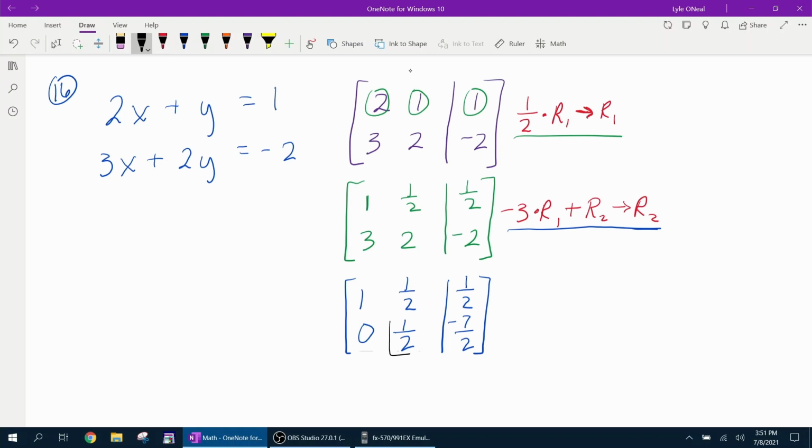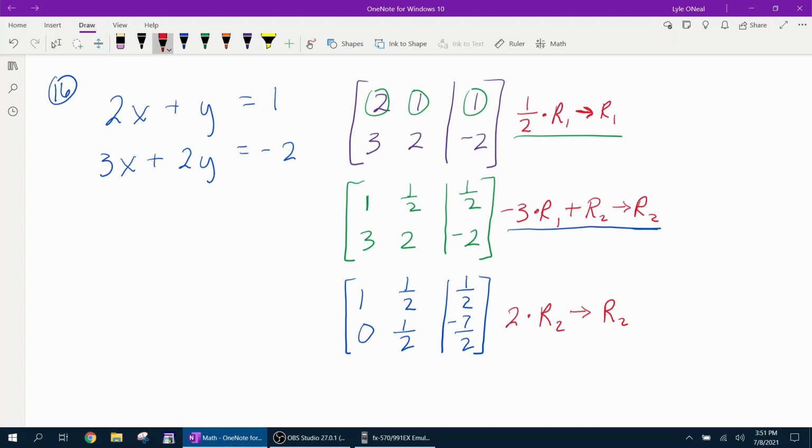Now, in order to get this to become a 1, I'm going to use a row multiplication. What would I multiply a half by to get 1? Well, the answer is 2. So I'm going to multiply this time row 2 by 2, and that's all I'm going to do to get a new row 2.